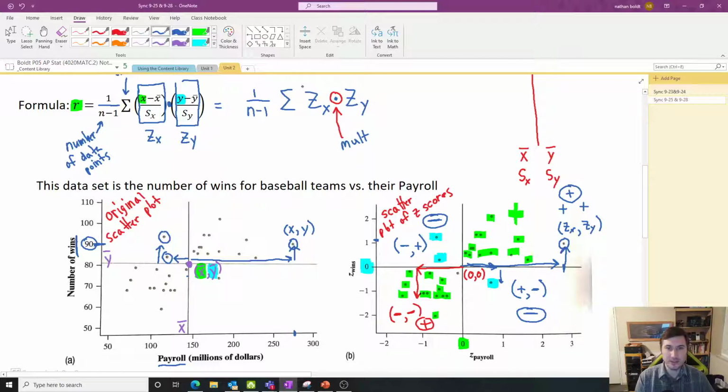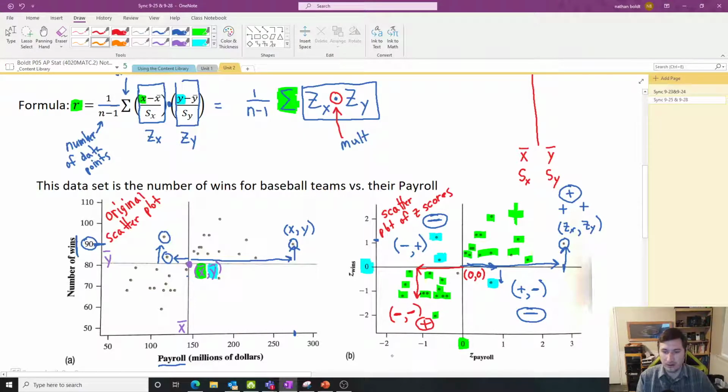So after we multiply the zx's and the zy's, we then have to add them together. So we add all the positives, we add all the negatives, and hopefully you can see that the green highlighted dots, the positive ones, will greatly outweigh the negative ones, which is why in this case, r is going to be greater than 0.